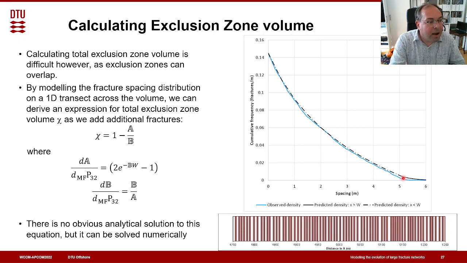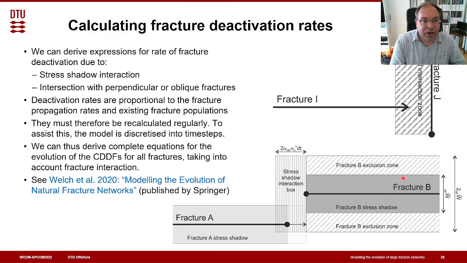Now, with this expression, we can then calculate the rate of fracture deactivation due to both stress shadow interaction and fracture intersection. Now, I'm not going to explain the details of this, but it is described in detail in our book that we've published about fracture network evolution.